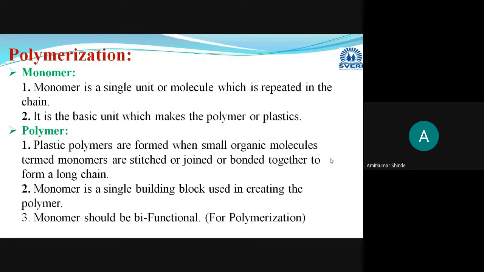Now in this session, I will repeat the concept of monomer, polymer, polymerization, and I will try to explain in brief addition polymerization, condensation polymerization, and one more polymerization information I have collected, that is copolymerization along with its subtypes, and I have collected some simple examples.